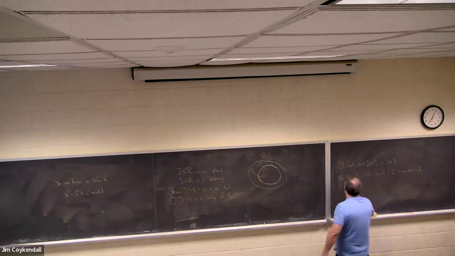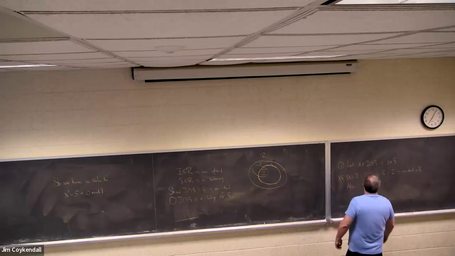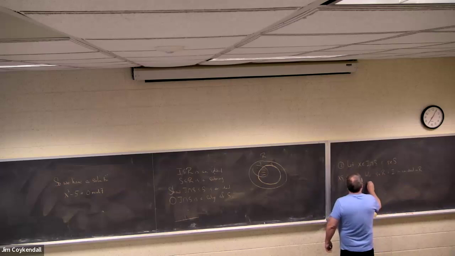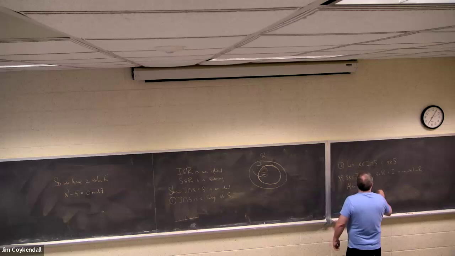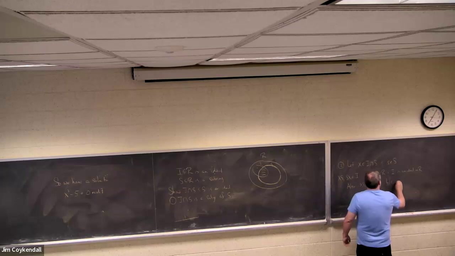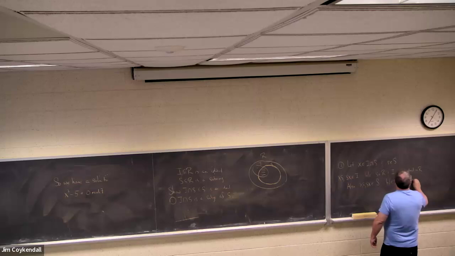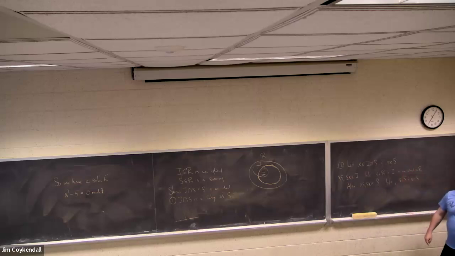Also, XS and SX are in S because S is in S and X is in S, and that's because S is a subring, so it's closed under multiplication.